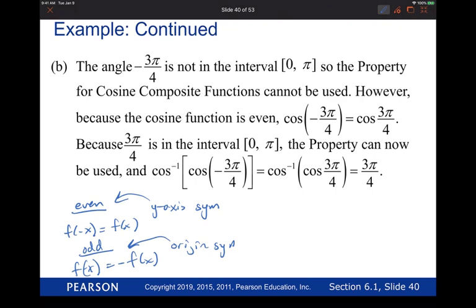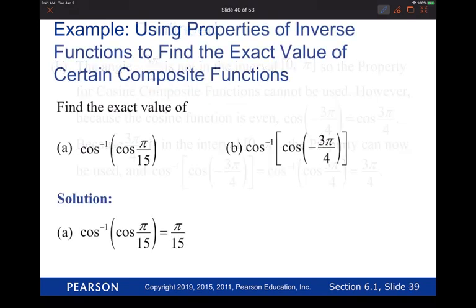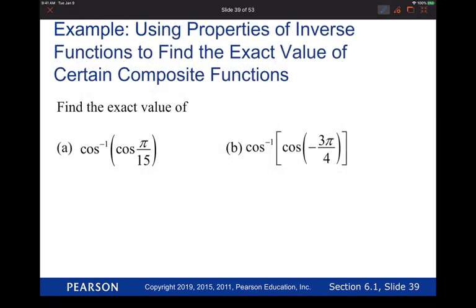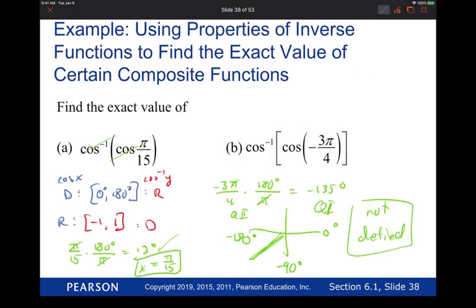So let's go back. I want to leave that error that we had, as a reminder. That's wrong. Because cosine is even, we can do the following. Inverse cosine of negative 3 over 4, because cosine is even, is actually the same as cosine of 3 pi over 4.